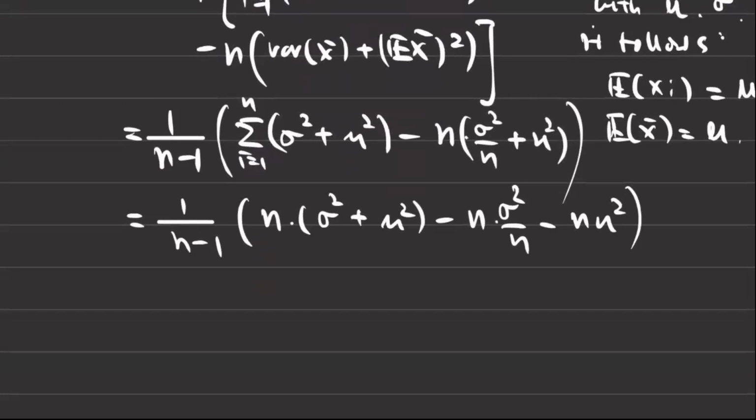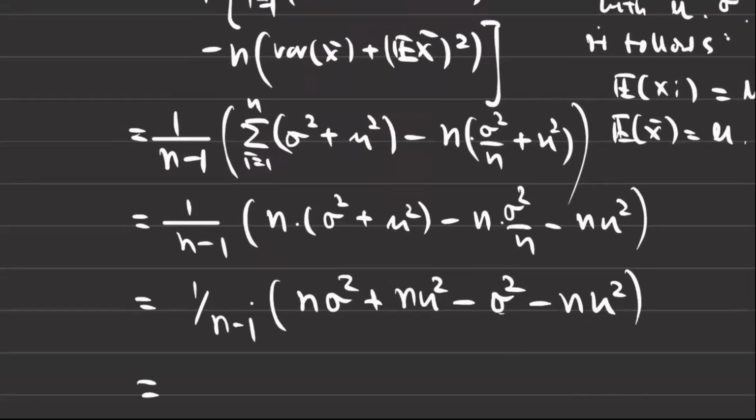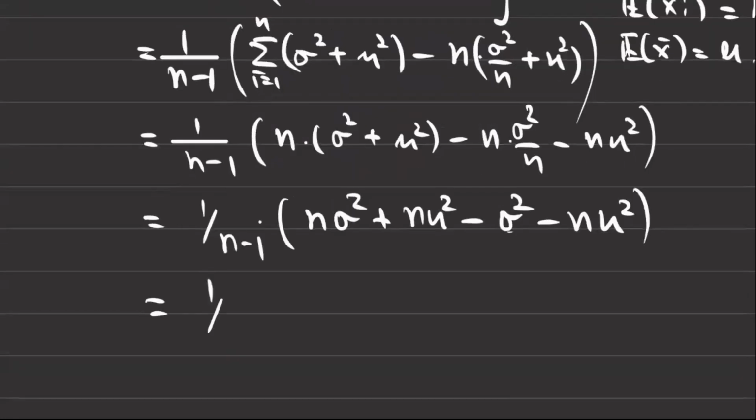Now from here, it's just simple algebra. So we have 1 over n minus 1, n sigma squared plus n mu squared minus sigma squared minus n mu squared. Notice that this n mu squared and n mu squared cancel out because you add and subtract the same thing.